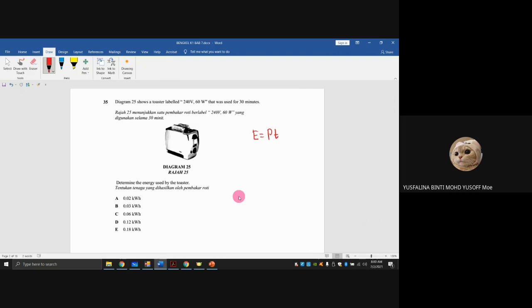You use E equals PT. You see that the 60 watt is not in kilowatt, so you have to change it first, and that one is in minutes, you have to change to hours.